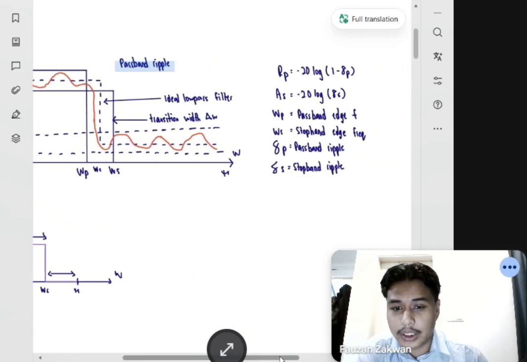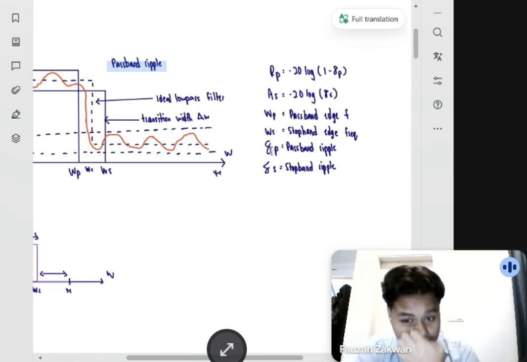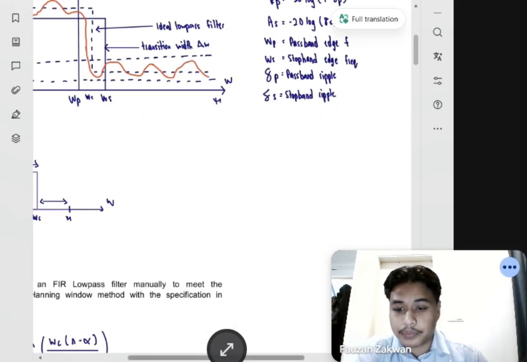Rp is negative 20 log of 1 minus delta p. As is equal to negative 20 log delta s. Wp is the passband edge frequency. Ws is the stopband edge frequency. Delta p is the passband ripple and delta s is the stopband ripple.